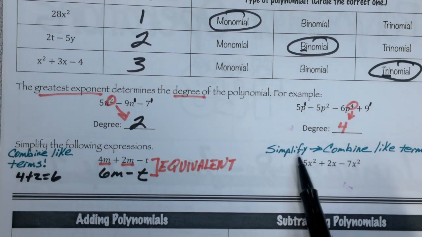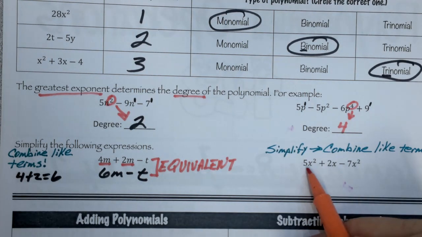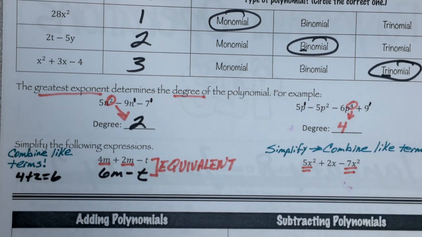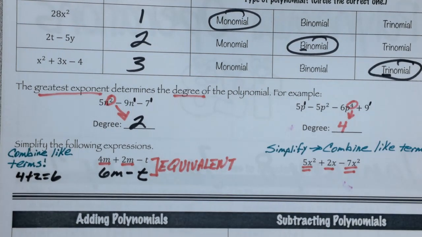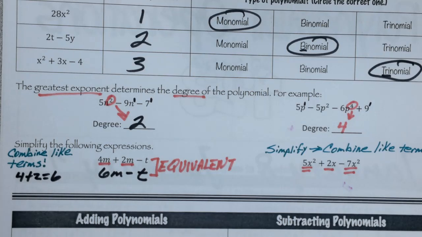Alright, let's do one more. We want to simplify or combine these like terms. Notice I have 5x squared, and I have a minus 7x squared, and then I have 2x all by itself. So I want to put my x squareds together and combine those.